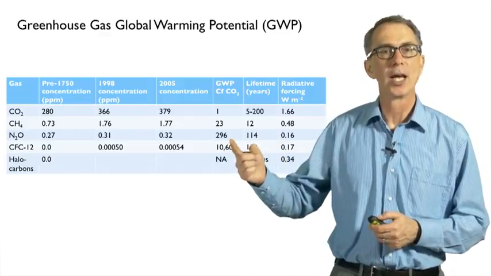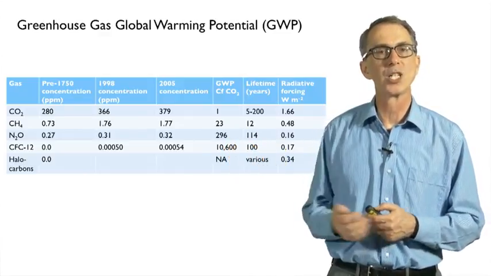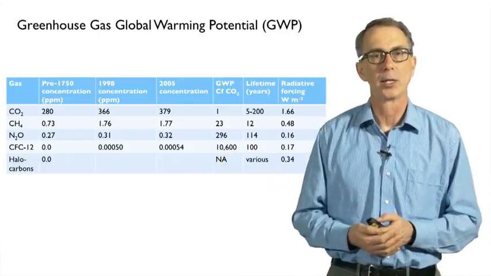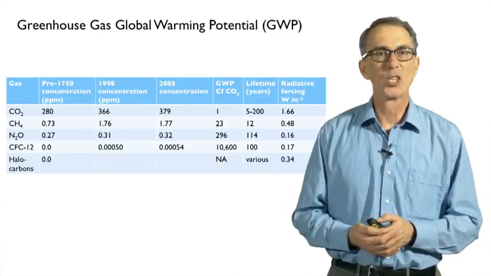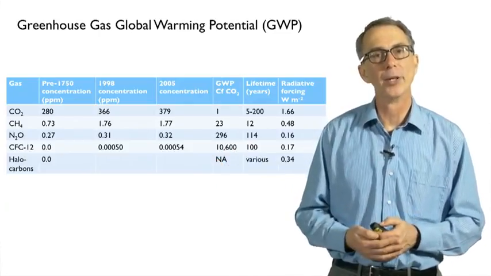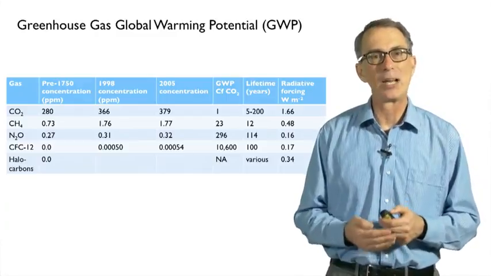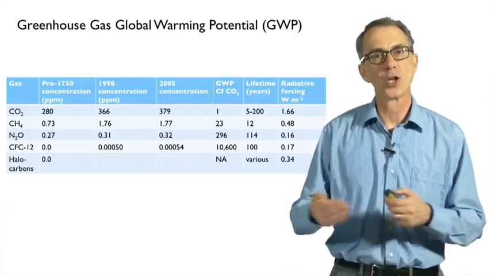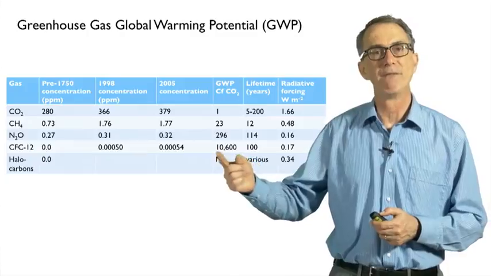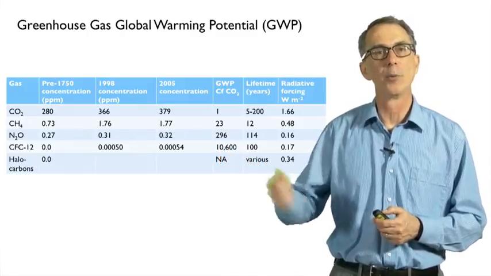Nitrous oxide, long lifetime, strong absorption, is even more important. And then the CFCs, or the chlorofluorocarbons, there's very little of them in the atmosphere, not so much emitted, but they have very, very big global warming potentials.